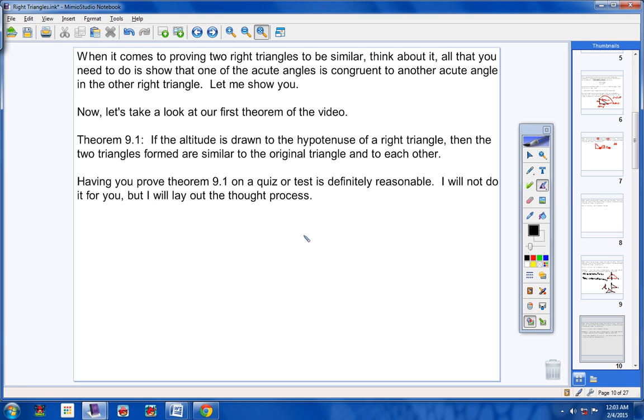So I want you to draw another triangle in your notes. It looks like this. Okay? And we're going to go ahead and put a right angle in here like this, and we're going to go ahead and drop our altitude down. Okay? There's our altitude. Now please watch carefully what I do. I'm going to call this triangle PQR, S. Got it?